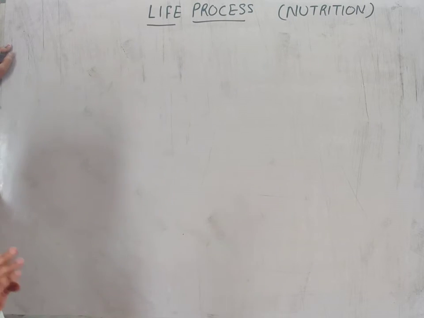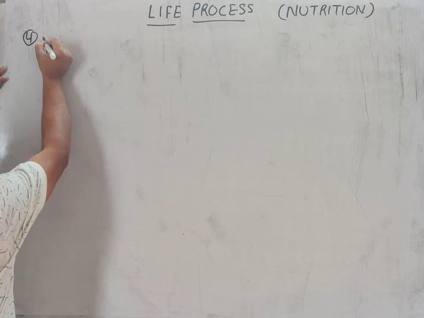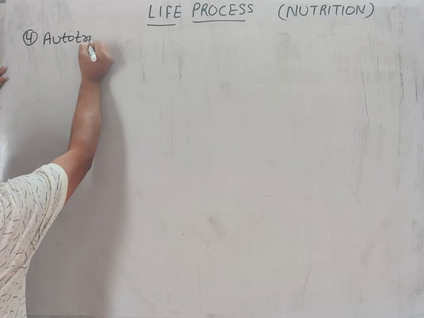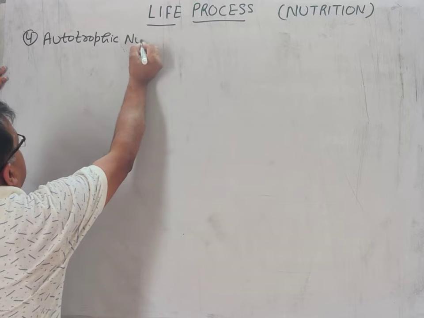So nutrient, nutrition, type of nutrition. Type of nutrition: autotrophic nutrition.